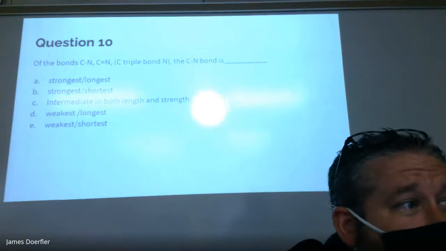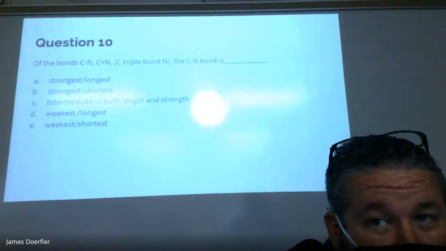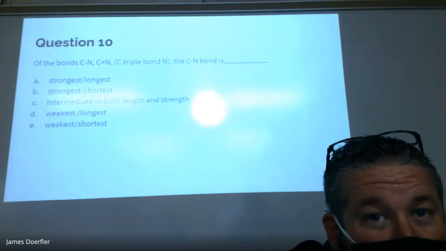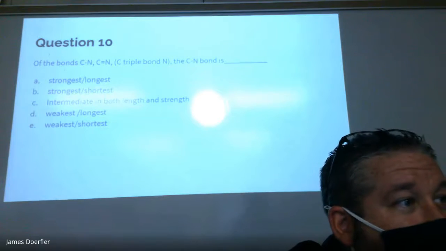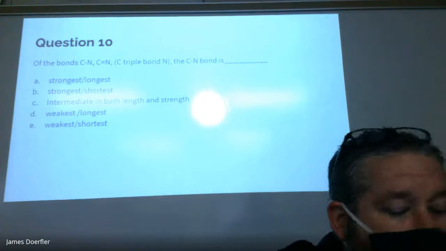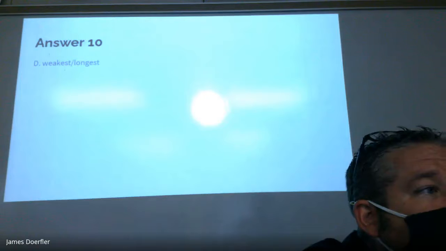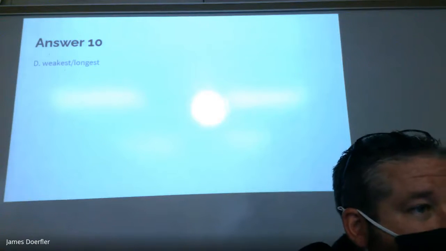So since this is simply a single bond, that means it'll be the longest of the three types, as well as the weakest of the three types, because it requires the least amount of energy to break. So that's why single bonds are the weakest and longest of the type of bonds.